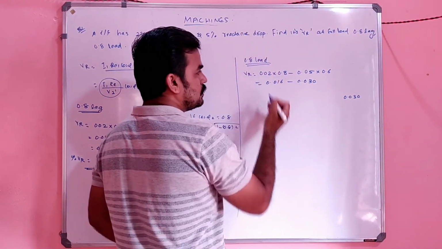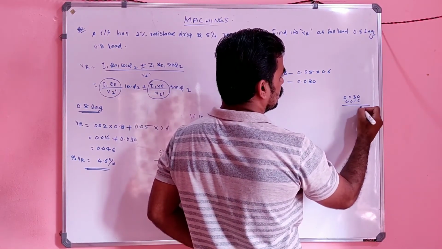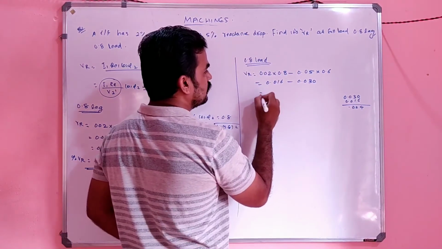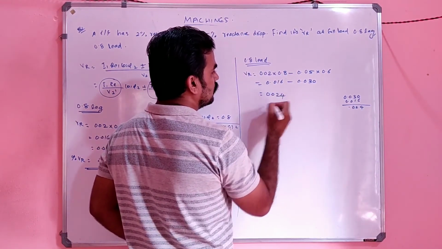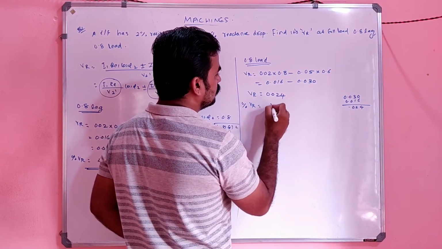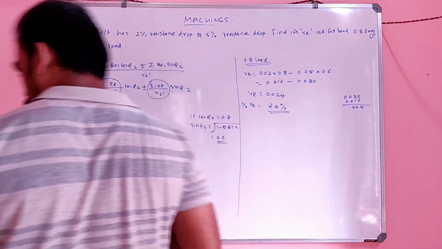This is the higher value and this is the lower value. So it is 0.016 minus 0.030, and percentage VR will be equal to 2.4%.